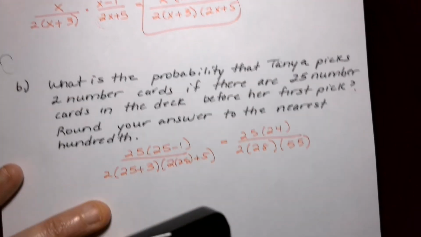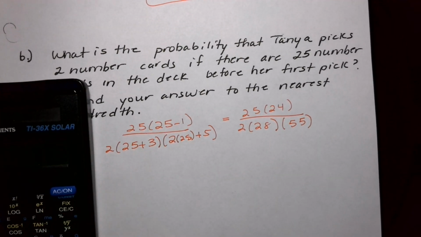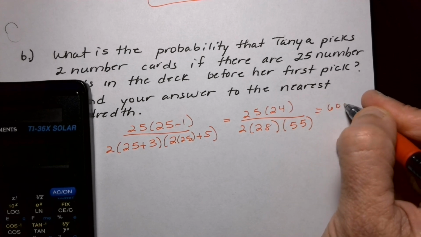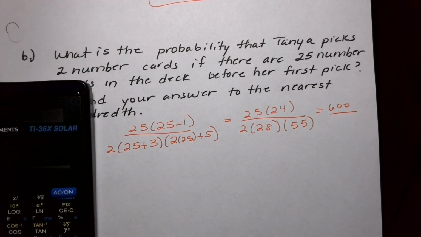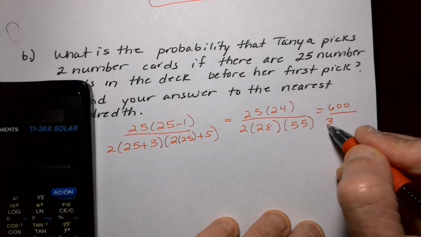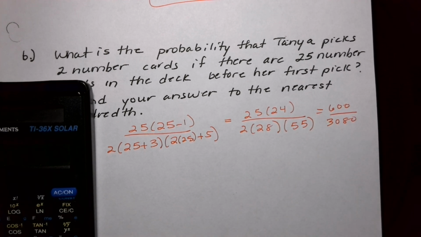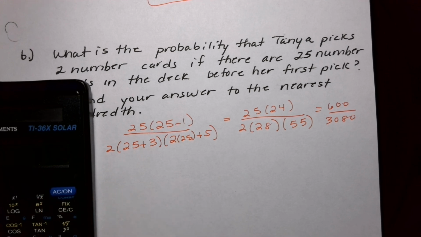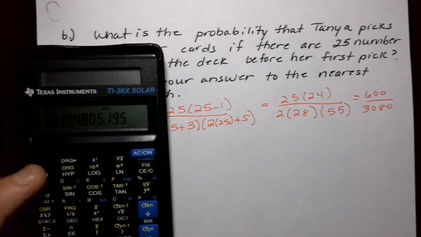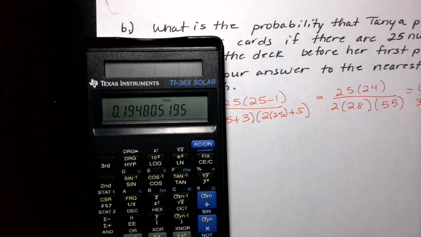And now I will grab the calculator. 600 over 3,080, and it says nearest hundredth, so let's divide that out. 600 divided by 3080. That's what I got. So what would the answer be?